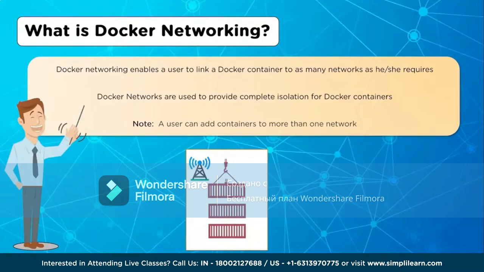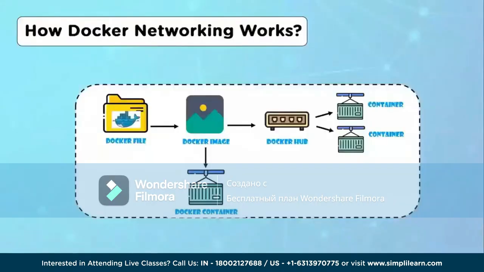The whole idea is that the containers are running in a set of servers or on a set of platforms, so whenever I look for a particular container, it has to be in a network. If you don't run it in your custom network, it will be hosted in the default network. So how does Docker networking actually work?